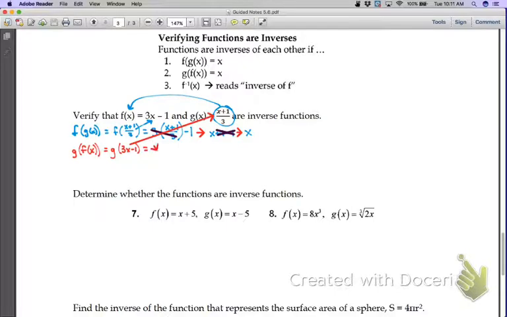So I'm going to have 3x minus 1 plus 1, all over 3. What's going to happen to the negative 1 and the positive 1 on the top? They cancel. So then I'm going to have 3x over 3. What's going to happen to my 3's? They're going to cancel. So what am I left with? X. So if I'm left with an x in both of them, then they are inverses of one another.